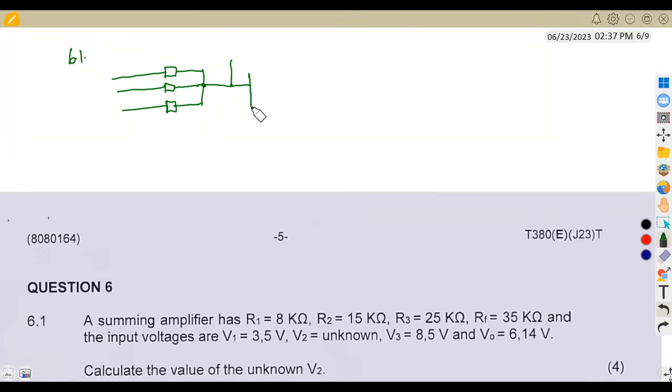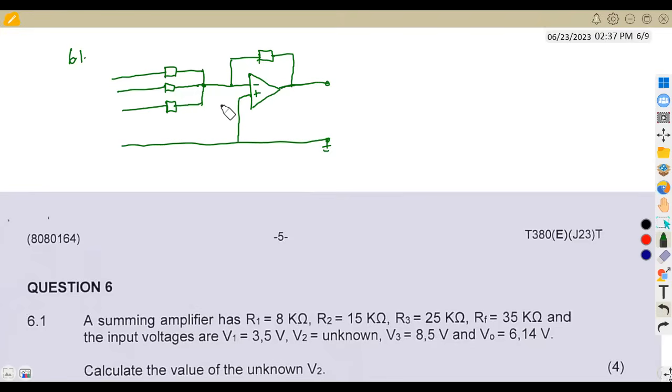Also, we are having a feedback here, negative, positive, then it goes to the output. This is how we understand our diagram in this case.